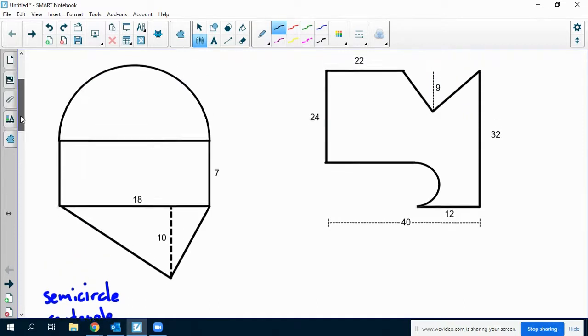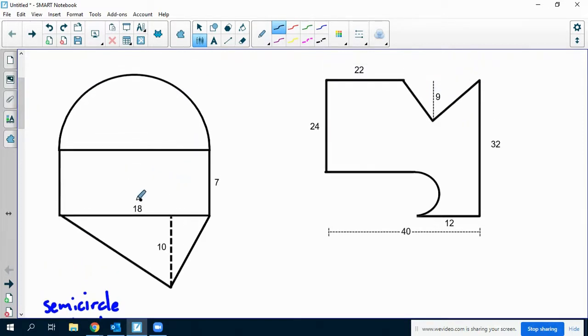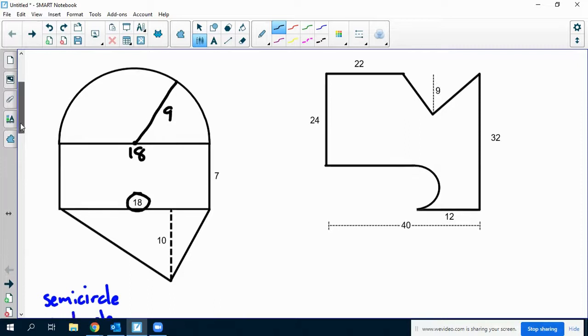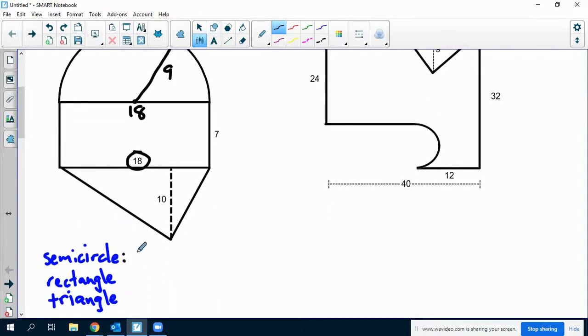So the semicircle, well, since this is a rectangle, that's also 18. And the radius will be 9 because that 18 represents the diameter. So the area of the semicircle is pi times 9 squared, and then we multiply it by 1/2 because it's half of a circle.